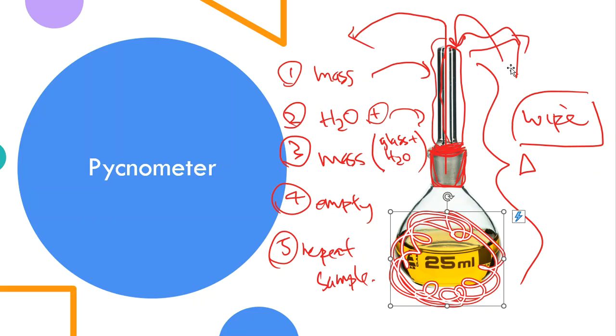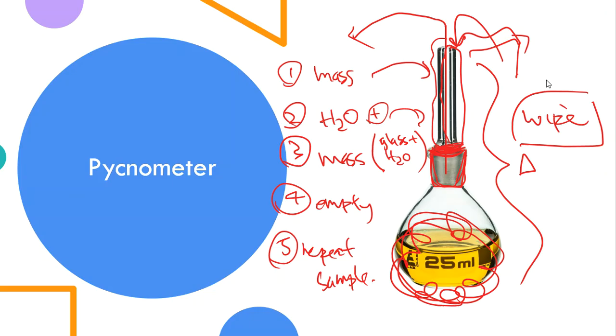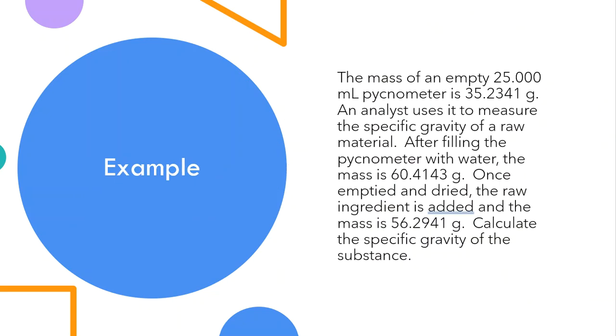And then we emptied all of that water out of there. And then what happened is that we dried it, made sure it was clean, and then we added our sample back into it. And the sample, once again, we took it to the top. And when we took it to the top, we put the stopper back on it, and it squirted out all the sample that we didn't need to have. It was all the extra. We wiped it off, and we took another mass. So that is the example problem that we are focused on right now.